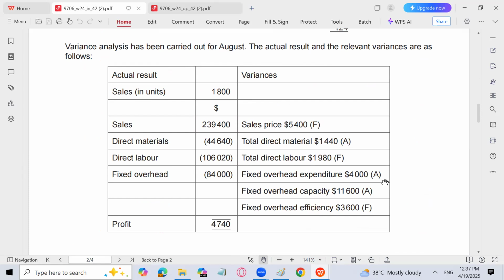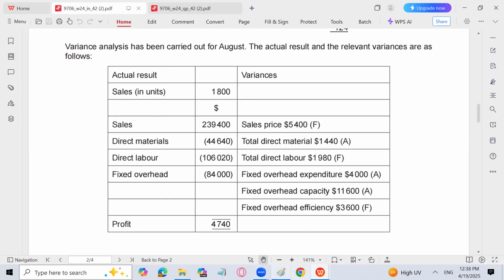So if we increase the advertising costs, our expenditure variance will go more adverse, right? Because already we are incurring more fixed cost than the standard. That is why our expenditure variance is adverse, because expenditure variance is the difference between actual overheads and the budgeted overheads. So that means the actual overheads are more than the budgeted overheads. That is why it is adverse 4,000. So it is not good to increase the advertising cost, because reduce the advertising cost.